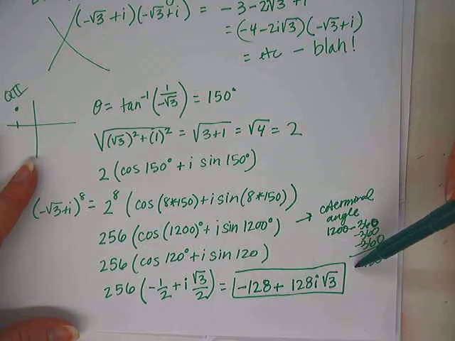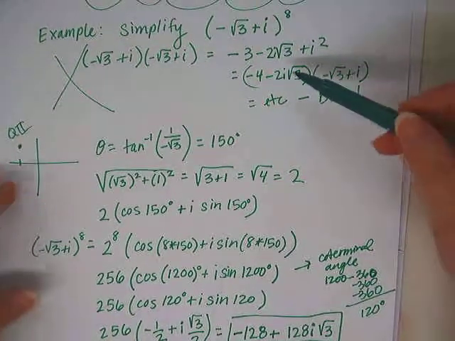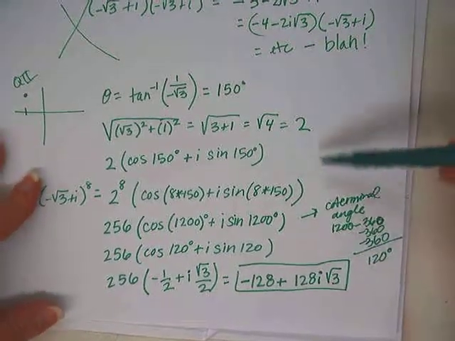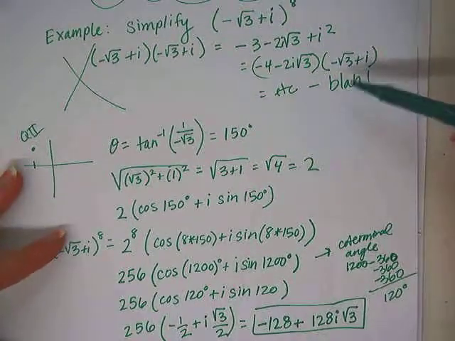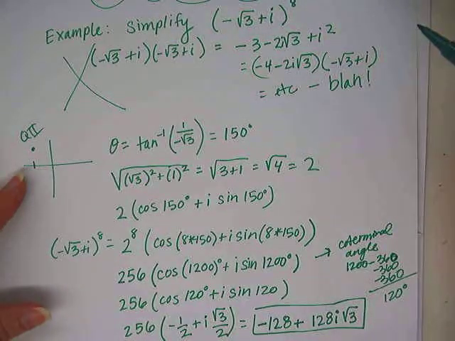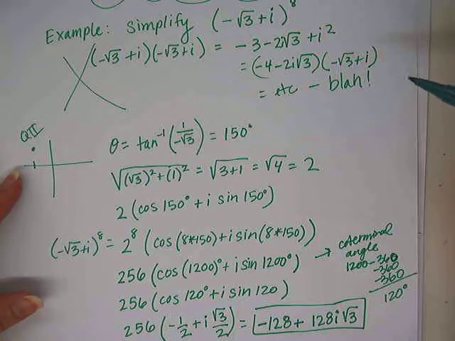Now, how in the world would this have ever ended up back to that? Won't this just keep getting more and more complicated? How can it have such a simple answer?